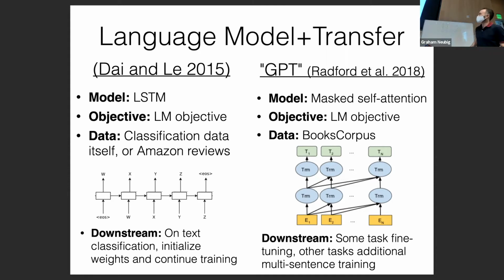On some tasks, they just fine tuned the original model. On other tasks, they trained the language model on multiple sentences for sentence pair classification tasks and things like this. They had some other tricks there as well, but the basic idea is still you train a language model and then you transfer it to other tasks.